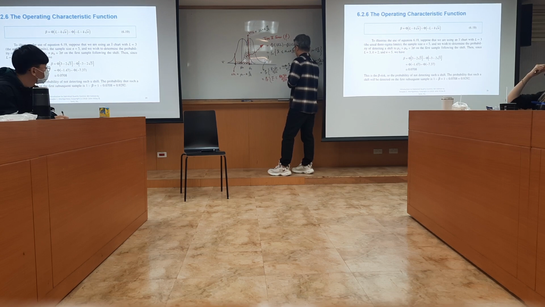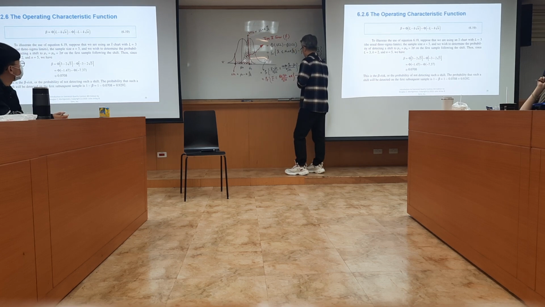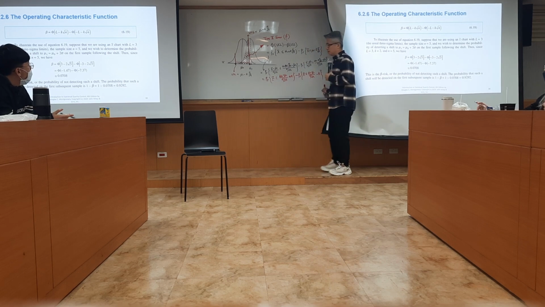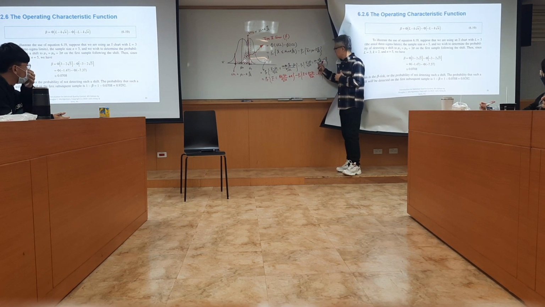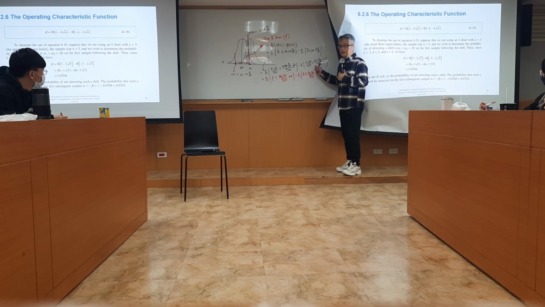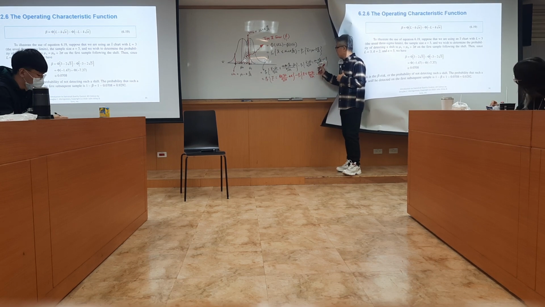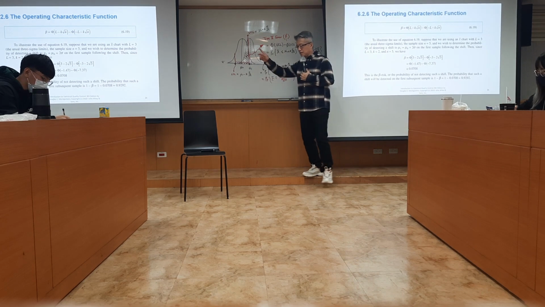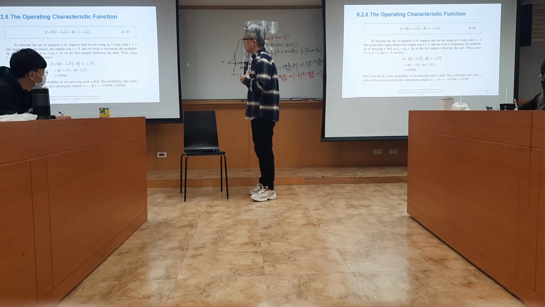And minus the probability of z less than mu naught minus mu 1, and minus k. Right? So the denominator can be cancelled out.